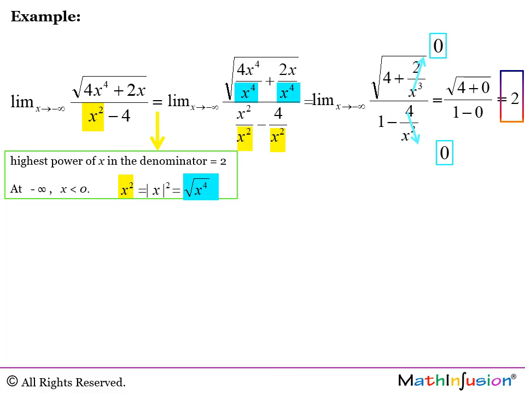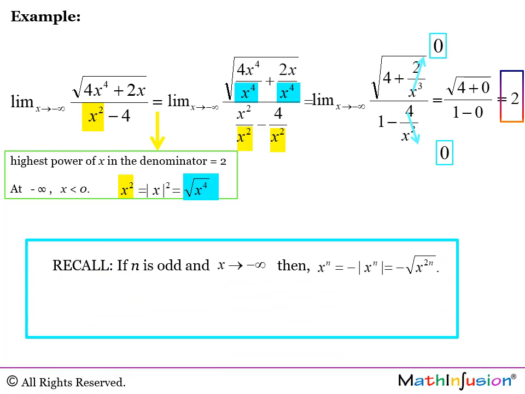You probably wonder why I showed you that when x approaches negative infinity, I have actually to divide outside the radical by negative something. The reason that this is not going to be applied here is because we don't have this case in this example, because we have that n equals 2. It is even.